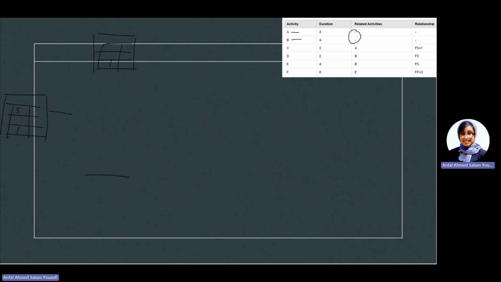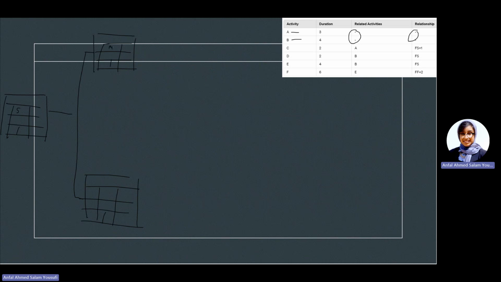Okay, I'm gonna draw the other one in here. I'll be going a bit faster than the other one because I believe it was clear, or if you're having any issues understanding it, it'll be good if you can go backward. Okay, so in here we're going to have two activities. As the relationship is there's nothing, meaning it is finish to start.